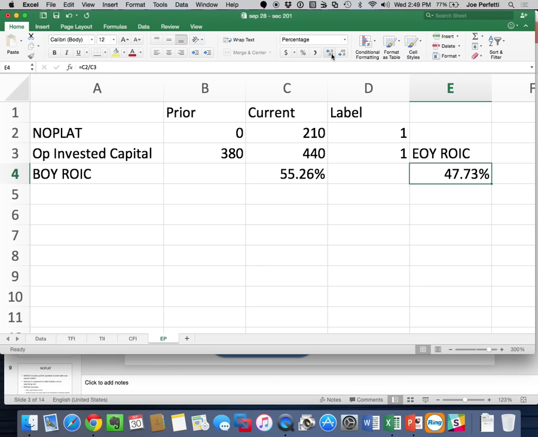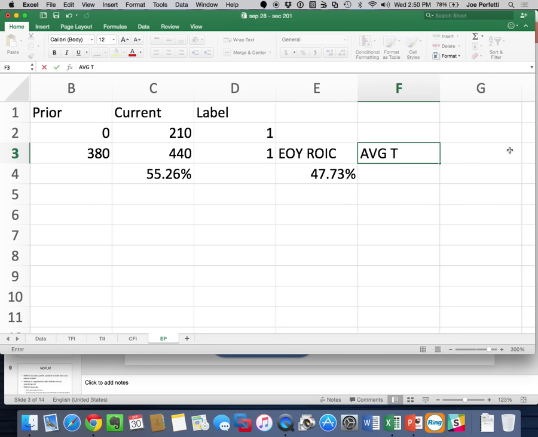Matter of fact, there's a third convention out there where people use average capital, return on average capital. So take this year plus last year, divided by 2. So my return on average capital ROIC equals current NOPLAT divided by that plus that, divided by 2.